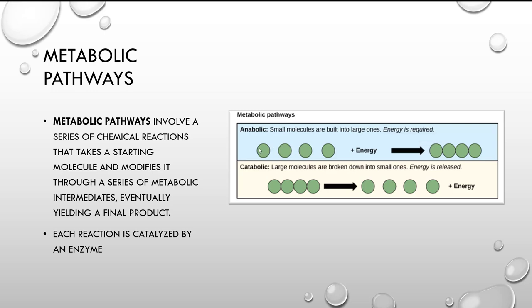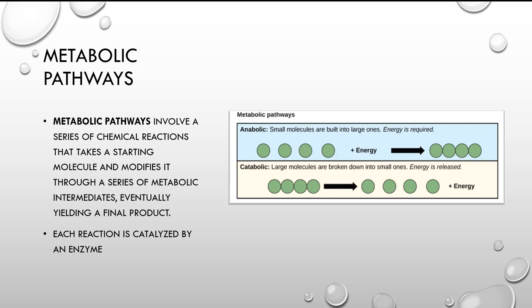Imagine you have smaller molecules, they could be anything, some monosaccharides or different types of nutrients, and in order for them to form bonds, we have to supply some energy. Energy is required to bring them together. So this is an anabolic reaction or pathway. Building polymers requires energy.